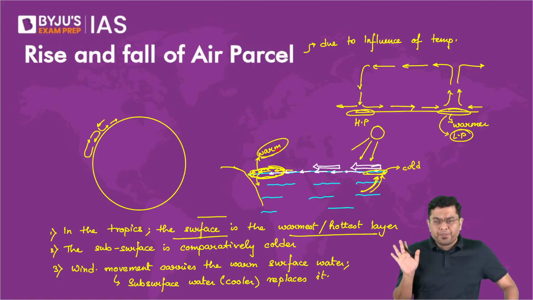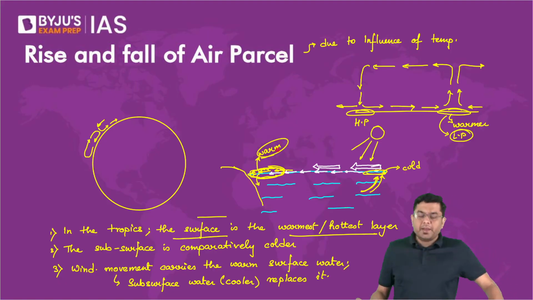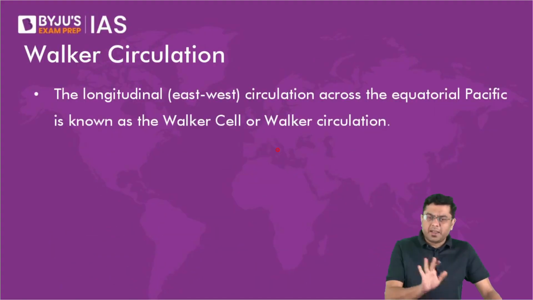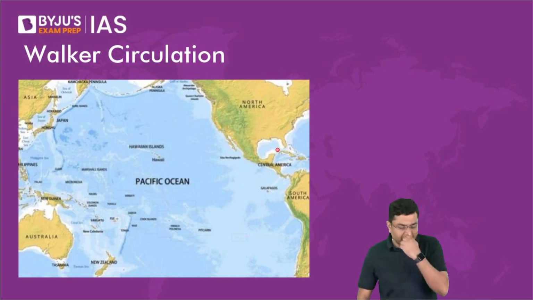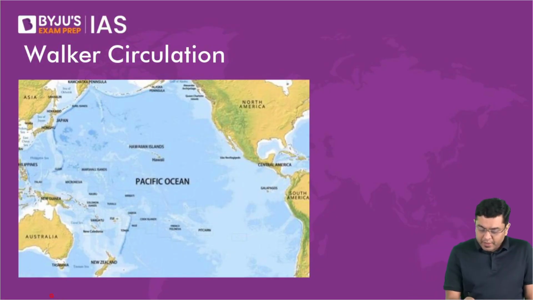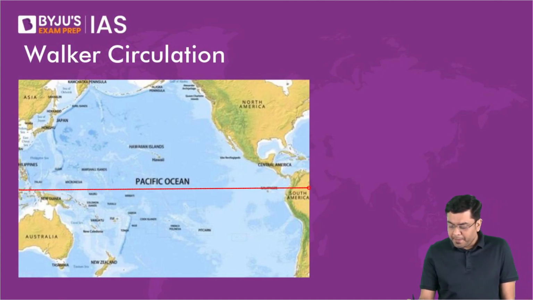Comfortable up till now? Now let us proceed and implement this scenario in the portion of the Pacific, and then I'll give you the definition of the Walker circulation as well. Don't worry about it. So let us understand what actually unfolds in the region of equatorial Pacific. If you consider the region of the Pacific, first of all, draw the equator.